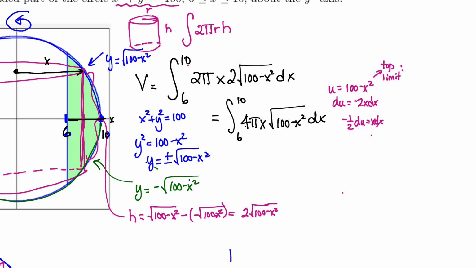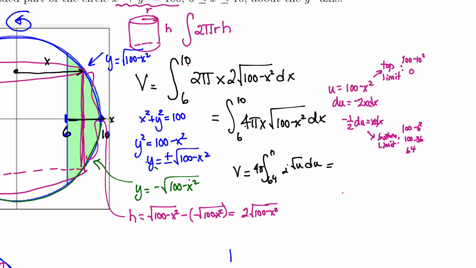So U is 100 minus x squared. So that would be 100 minus 10 squared would give me a 0. And my bottom limit is 100 minus 6 squared, which is 100 minus 36, which is 64. So if you so choose to change your limits, you would get 64 to 0, negative 1/2, square root of u du.